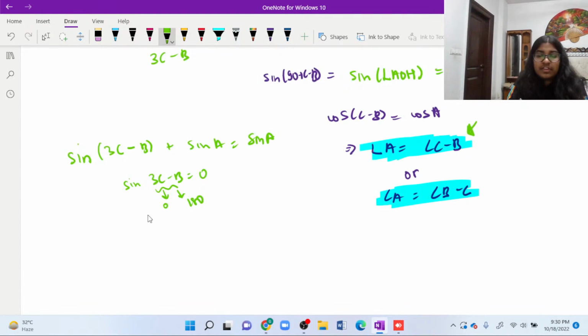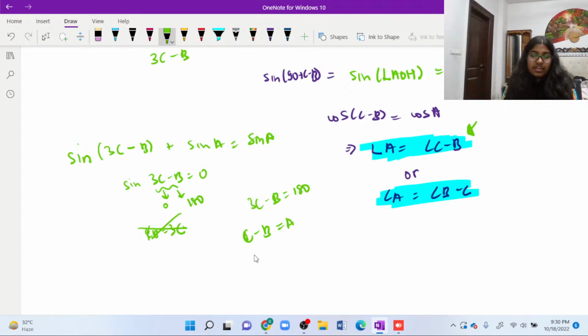So if it's 0, then angle B equals 3c, but angle A is c minus b, and angles are positive as we have taken. That's the notation here. So this is not possible. So 3c minus b equals 180, and c minus b equals a, and we know a plus b plus c is 180.